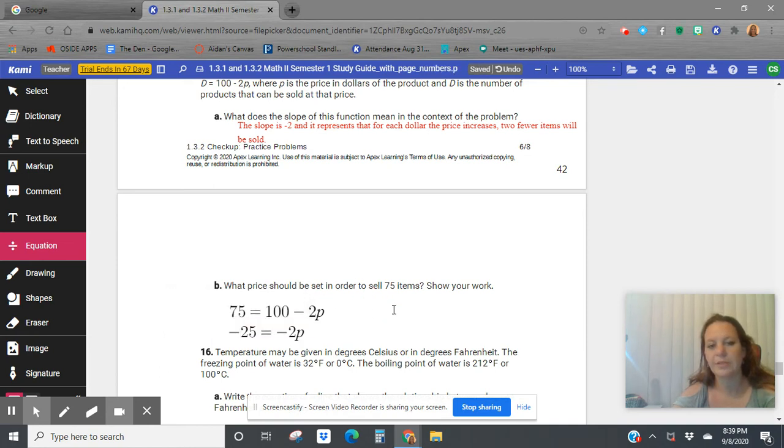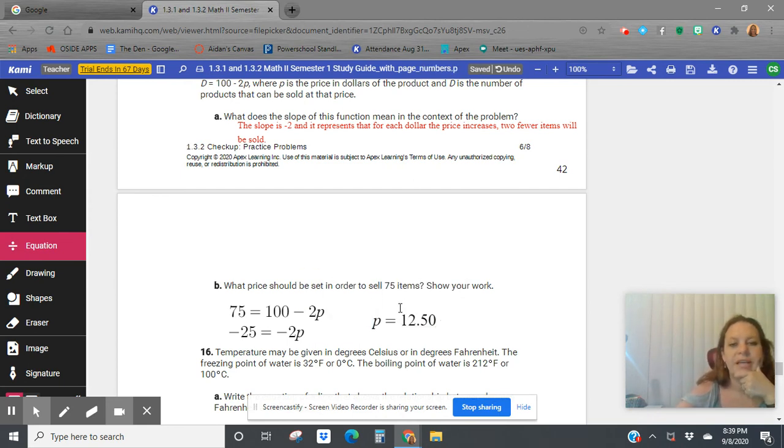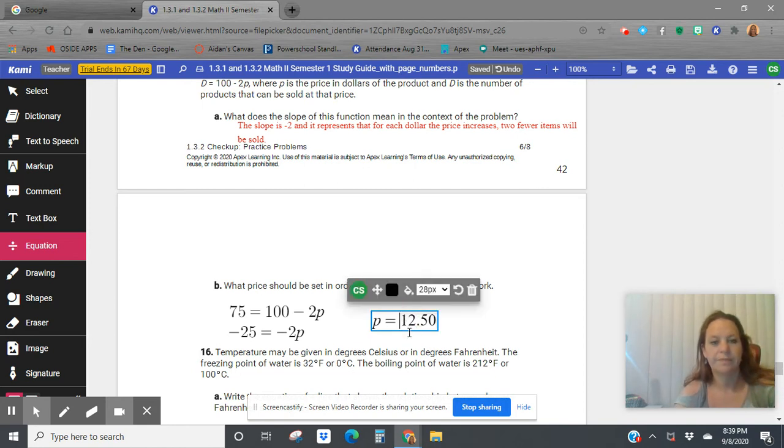And then divide both sides by -2, you get a price equal to $12.50. So the price should be set at $12.50 in order to sell 75 items.